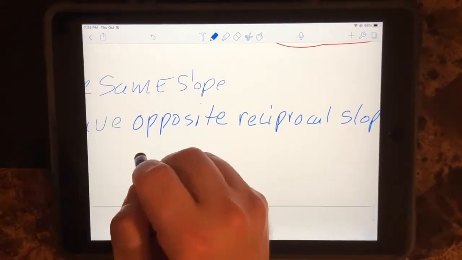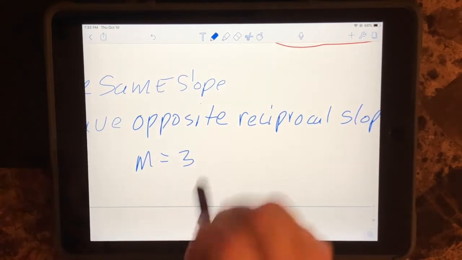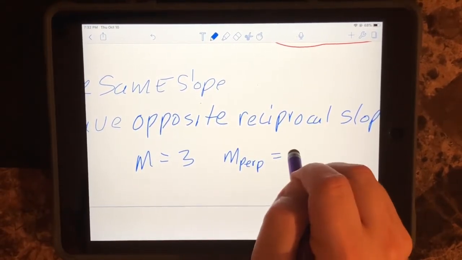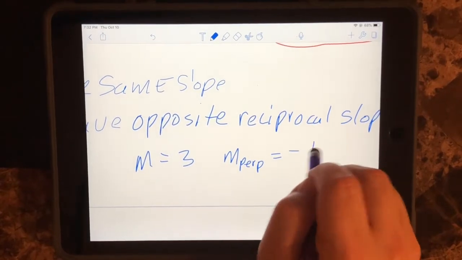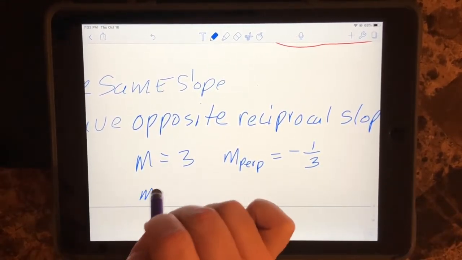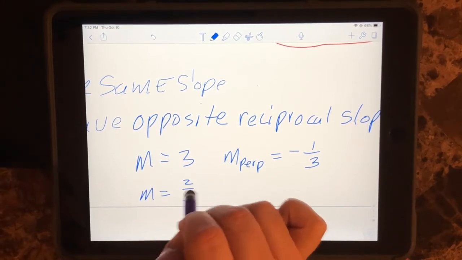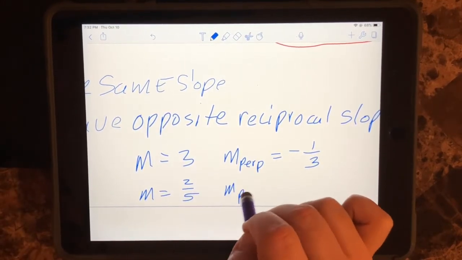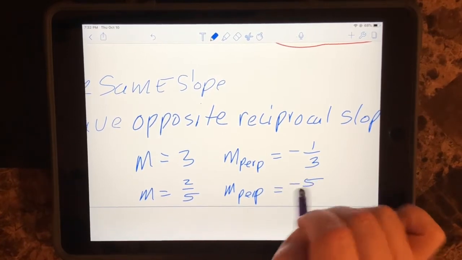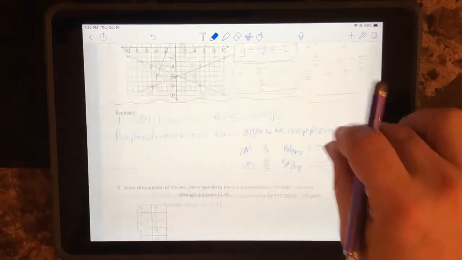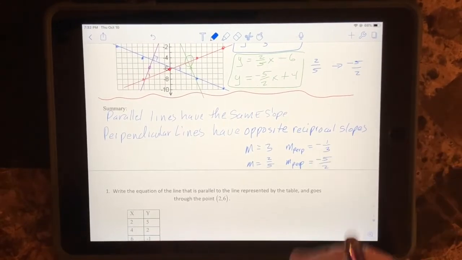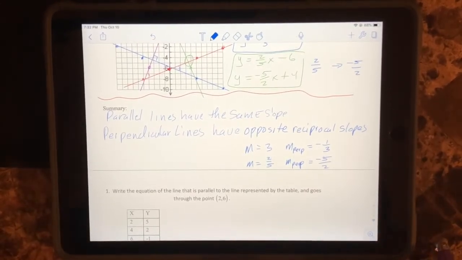Meaning, if I had a slope of 3, the slope of the perpendicular line would be -1/3. If I had a slope of 2/5, the slope of the perpendicular would be -5/2. All right, so I'm going to cut the video there, and then I'll load up another video for the rest of it.